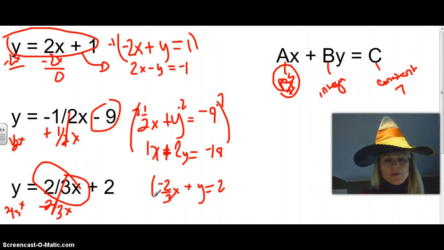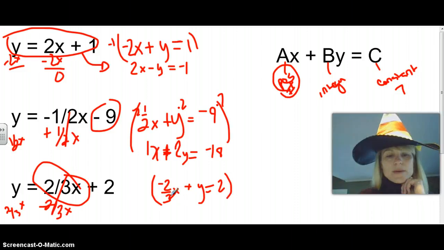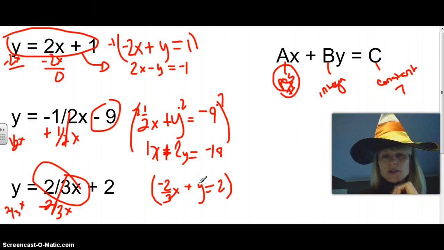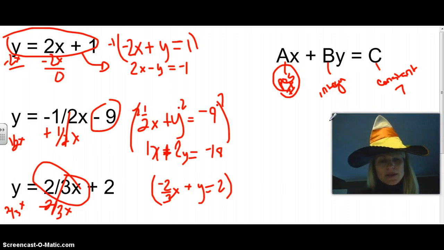So again, just like before, I can get rid of the fraction. A lot of people want to do the reciprocal, but the problem is if I multiply by the reciprocal here, I have to do it here and here, and then I create a fraction here, and that still needs to be a positive or negative whole number. So what I can do is I can multiply by the denominator, just as I did up here. If I multiply by 3, those 3's will cross off and leave me with -2.